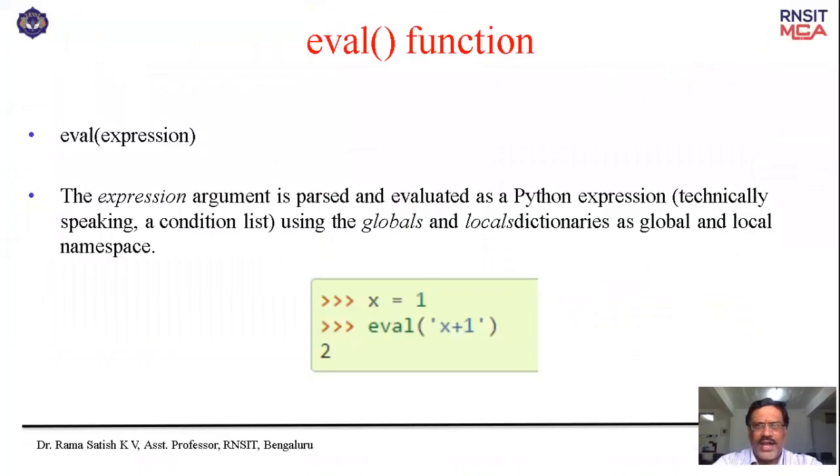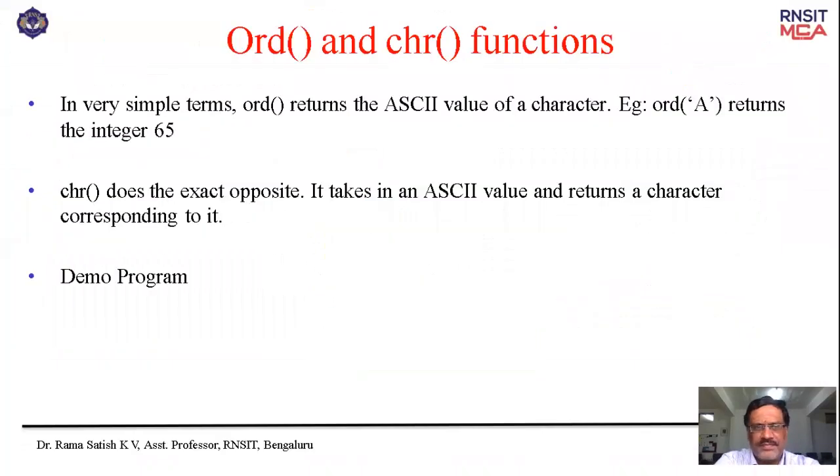Further, the ORD and CHR functions. ORD will give you the ASCII value of a character. ORD, the order. Look here, ORD of A returns integer 65.